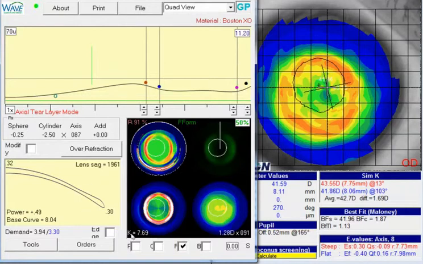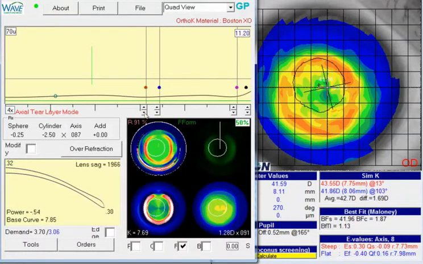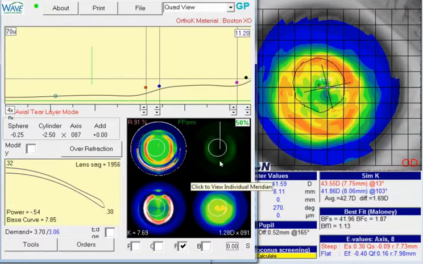And so the average K on this cornea is 769. We can see here we're a fair amount flatter, so we can reduce this. Right now that puts us about a diopter less demand than we had previously. And then the other thing we can do is raise this lens a little bit.